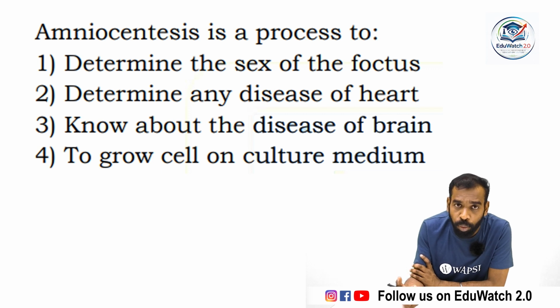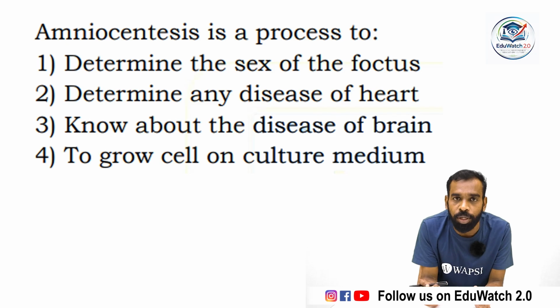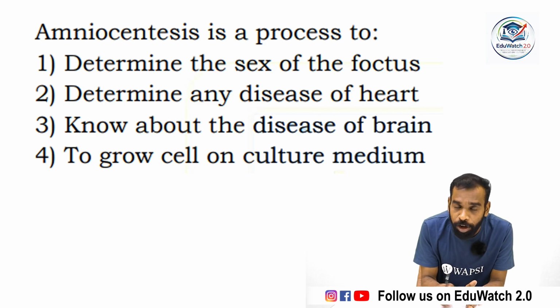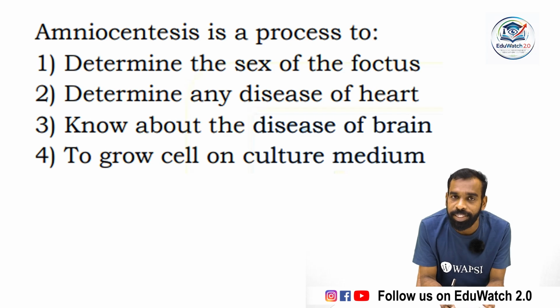So for what process is this amniocentesis? Amniocentesis is a process by which amniotic fluid is taken, and from the amniotic fluid cells will be isolated and the chromosome pattern will be analyzed. Get me?